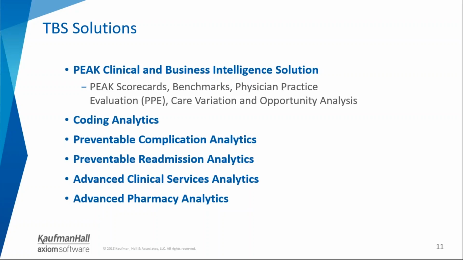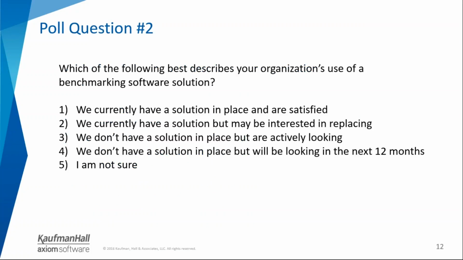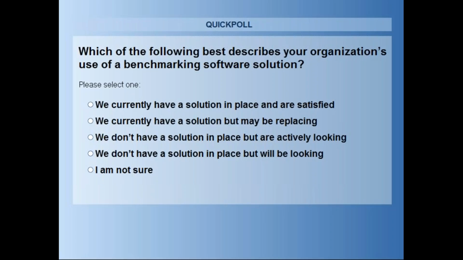We address both potentially preventable complications and readmissions, and we can take our analysis to the CPT level with advanced clinical services analysis, as well as doing some specific analysis of pharmacy utilization. So with that, I believe we'll move to another polling question for our audience, and then we'll move on to the demonstration.